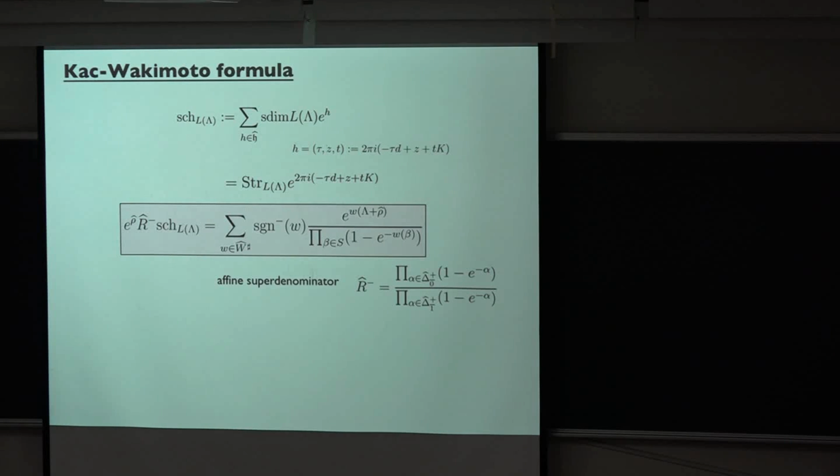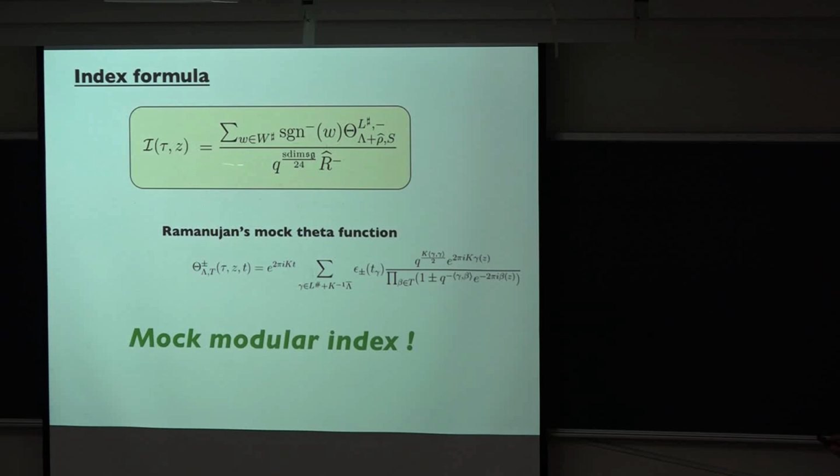I will skip the derivation, but this is the formula, and we can derive some index formula using the Kac-Wakimoto formula. But something interesting happens because this is not a modular form. As you know, in the ordinary algebra case, we have a modular form for the character formula. But for this affine superalgebra, the character is not modular, but it is mock modular.